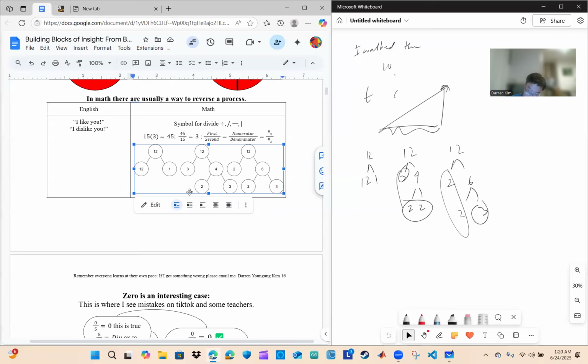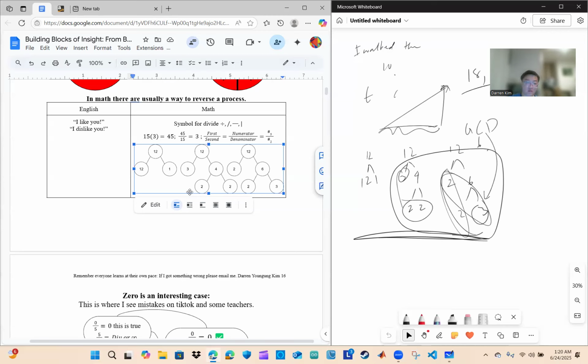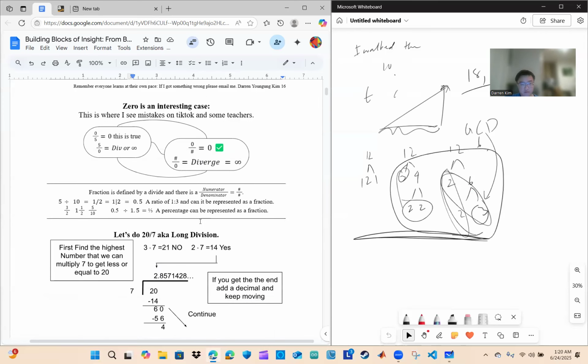There's like a final three residue over here. And you can see there's a GCD, greatest common divisor, that is 6 over here because if it's 18 and 12, then it's 6.